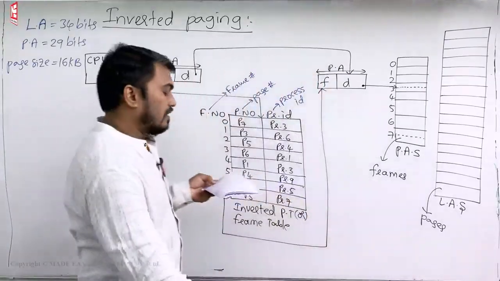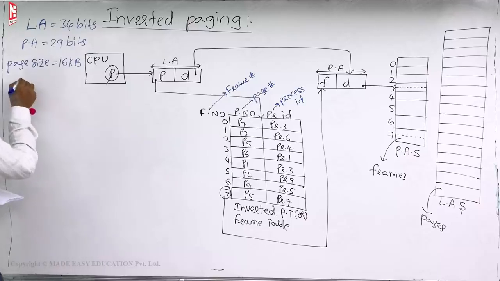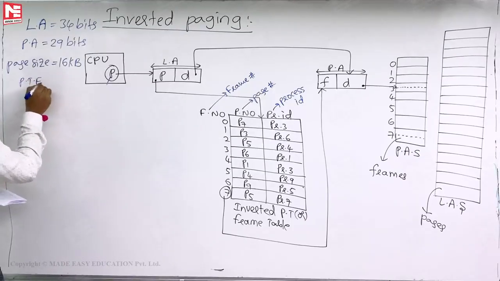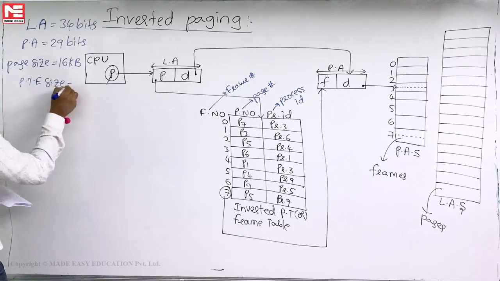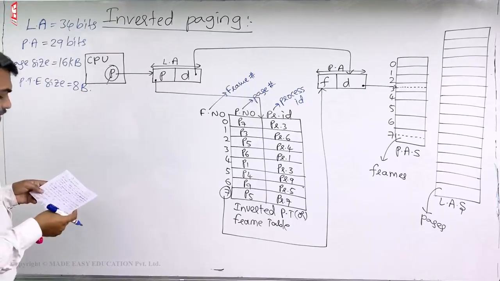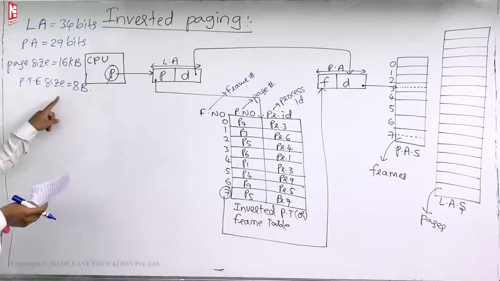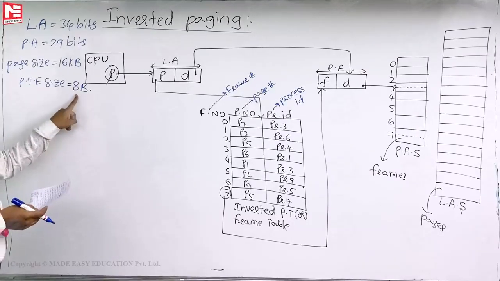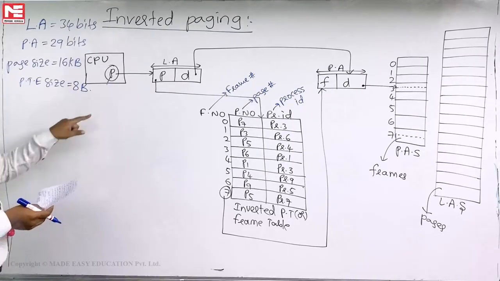And page table entry size is 8 bytes. Here it is written: page table entry size is 8 bytes.